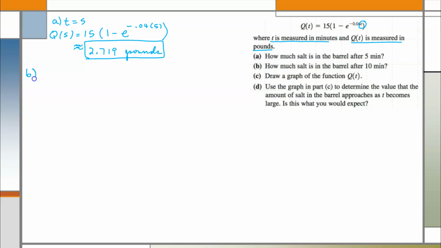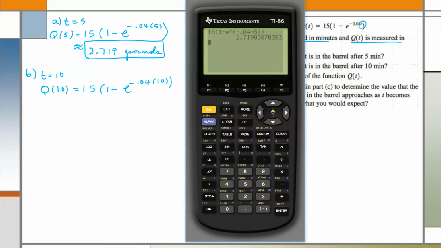Okay, part B. Find Q in the barrel after 10 minutes. So what's going on when t is equal to 10? We'll plug 10 into our equation. We have 15 times 1 minus e to the negative 0.04 times 10. We'll grab our calculator. Remember second and enter will bring up what we typed.